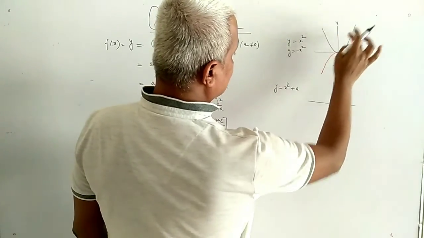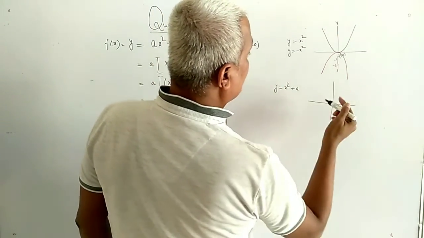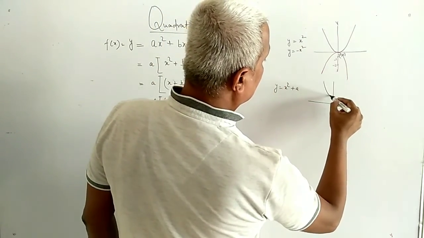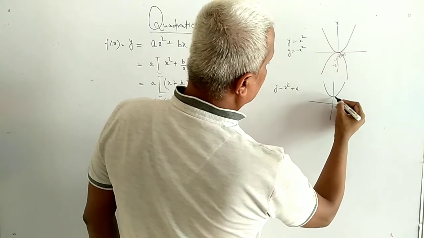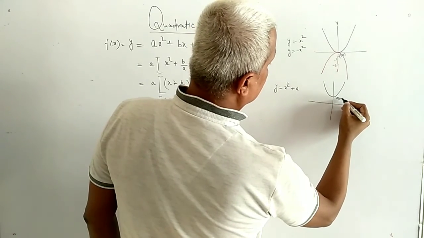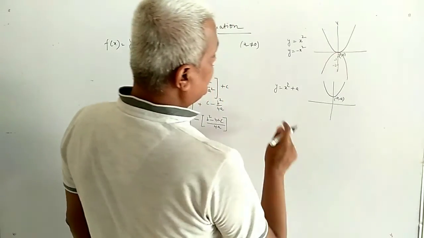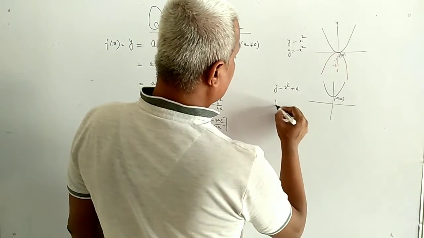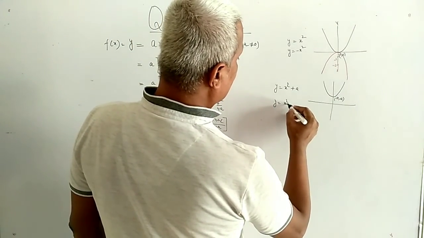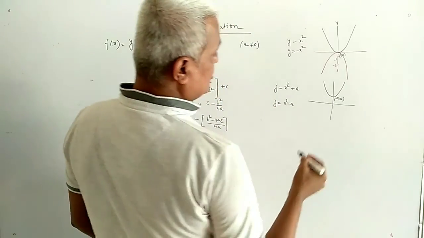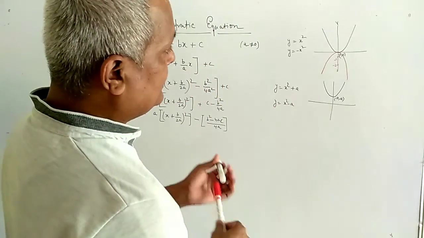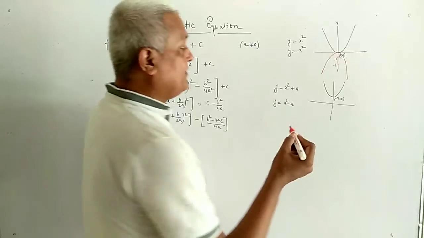so now see, y equal to x square will be something like this, but this is plus a, so it will just go a point up. The graph will become like this, 0 comma a. If you use y equal to x square minus a, suppose this red line is the original graph.